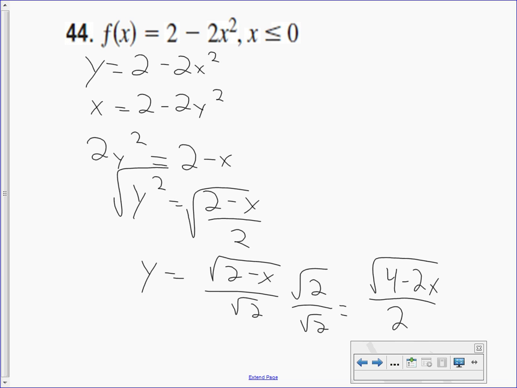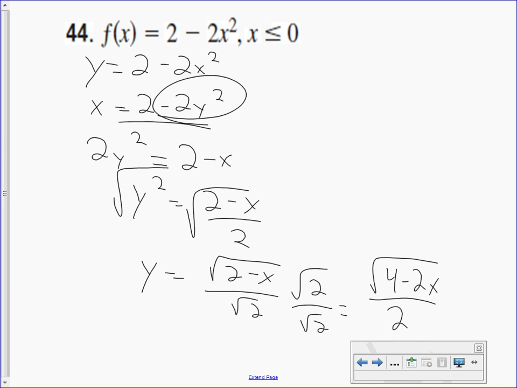What I did here, since I knew that I had a minus 2y squared, I knew I was going to have to take a square root eventually.